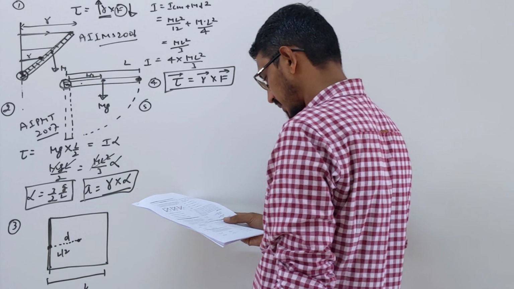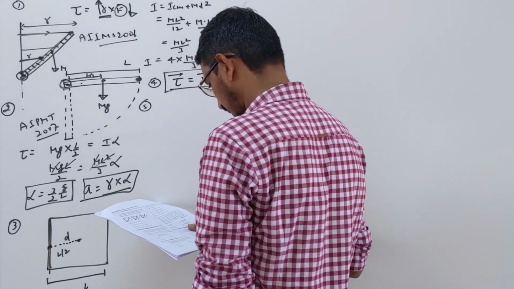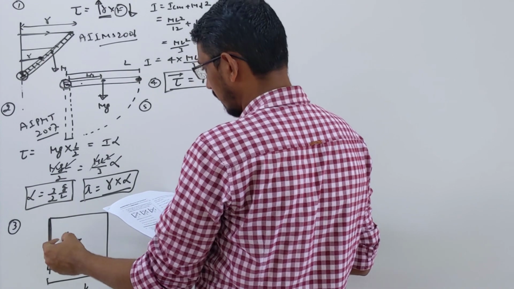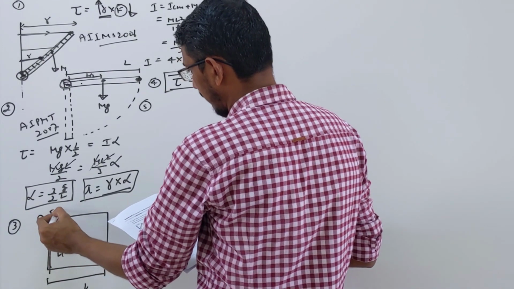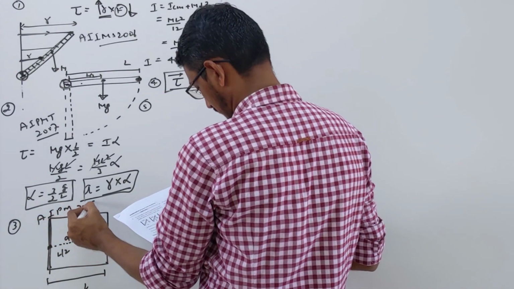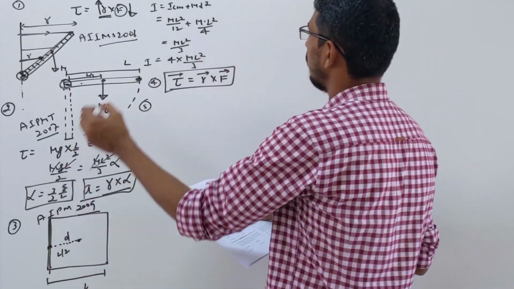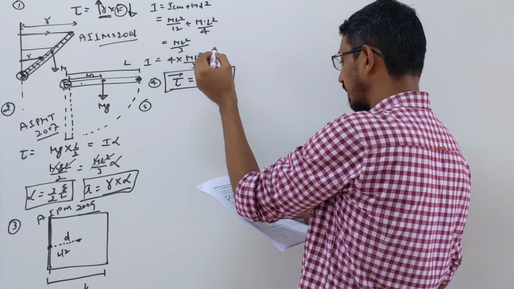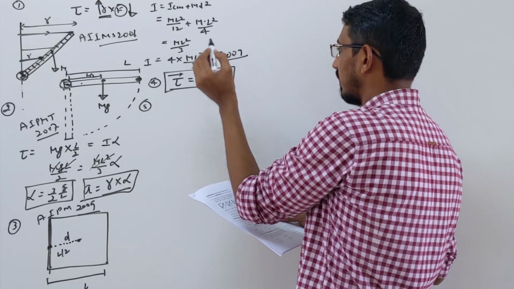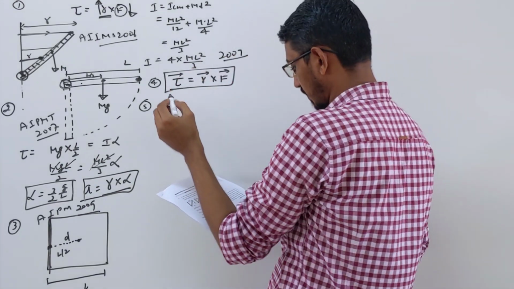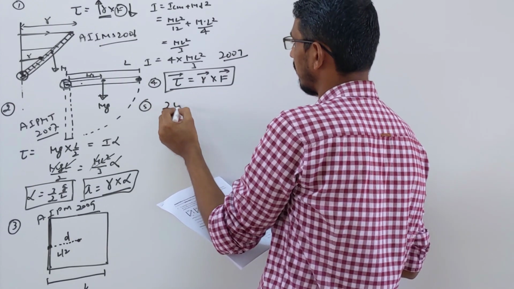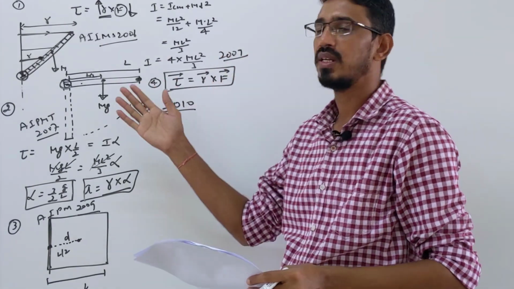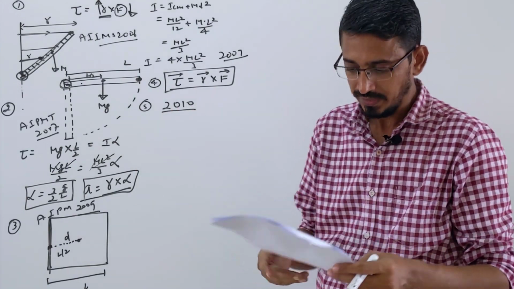Question number 3 was AIPMT 2009, and the fourth question that I have done is also from 2009, and the fifth question I am doing is from 2010 AIPMT. I am doing questions either from AIIMS or NEET, means AIPMT, these 2 only.